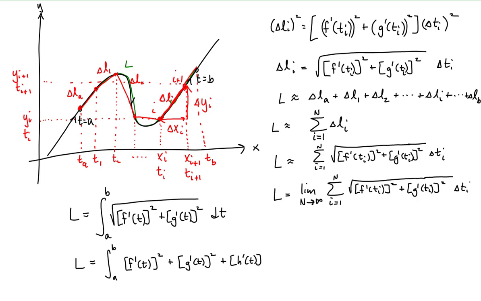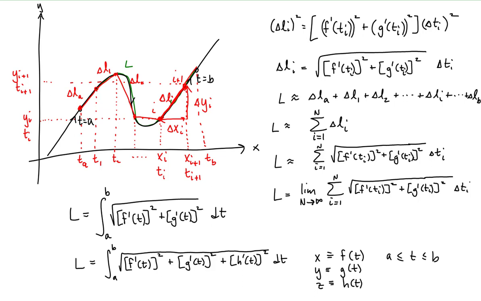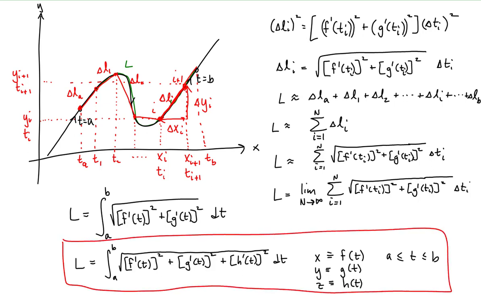And this would just be the addition of the derivative of that parameterized function h to our integral, where again we are defining x as a parameterized function f of t, y as a parameterized function g of t, and z as a parameterized function h of t on the interval of a to b. This is our expression for the length of a curve between 2 points.